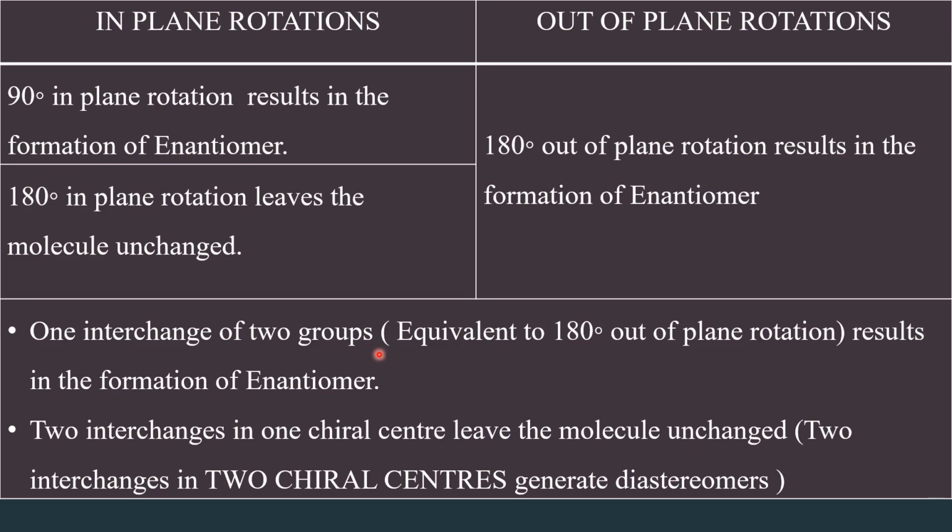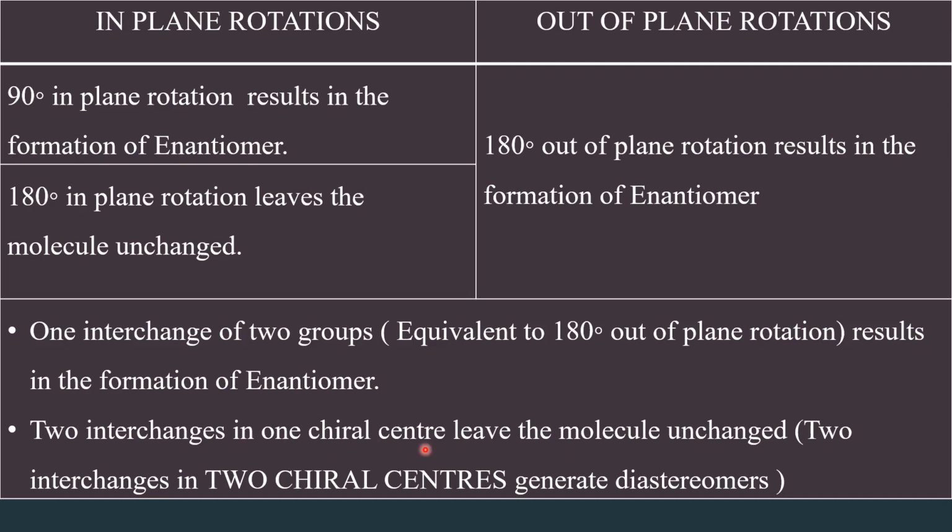If you do one more interchange of two groups, you are doing one more inversion. Inversion followed by inversion will leave the molecule the same. Therefore, when you do two interchanges in one chiral center of a Fischer projection, the molecule remains unchanged.